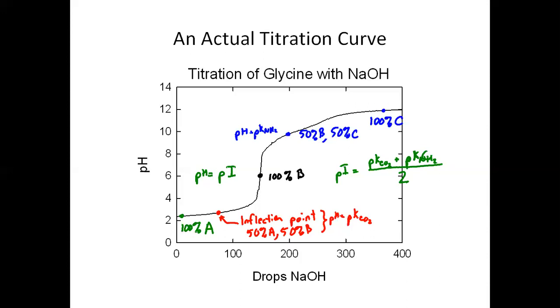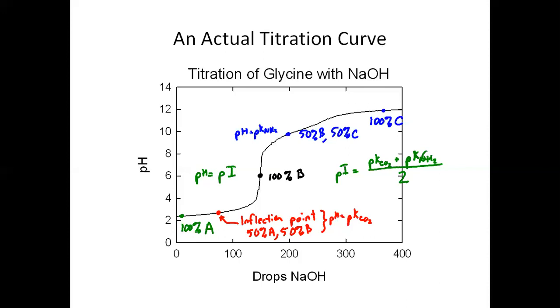The vertical inflection point represents a very important point referred to as the isoelectric point, pI. The pI, which is defined as the pH at which the net charge is 0, is calculated mathematically by summing the pK value for the carboxylic acid group and the amino group and dividing by 2.